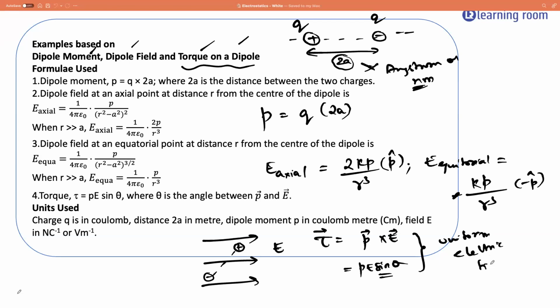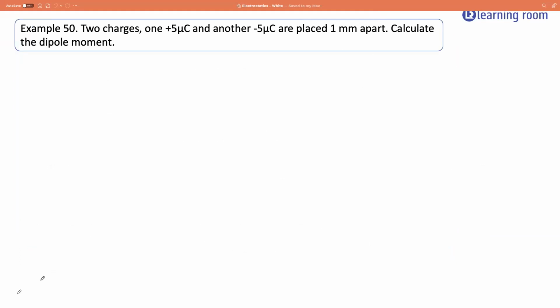If you place a dipole in a non-uniform electric field, it would experience a translatory force, so force plus torque will act on the object, whereas in a uniform field it is only torque. Clear? So having this in mind, let's solve the problems.